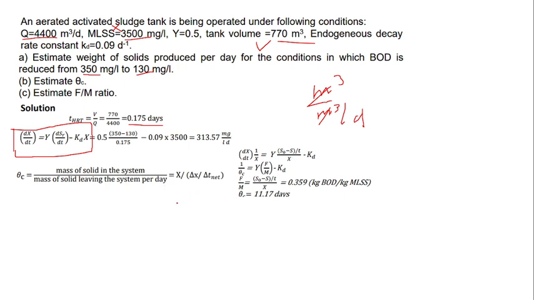If you see this one, this is dX divided by dX/dt, right? We can write this equation as theta C is equal to X divided by dX/dt. You already know the relation of dX/dt.